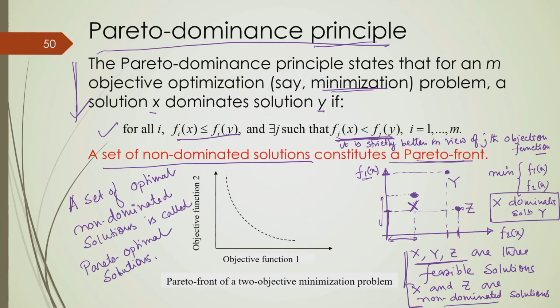Okay. A set of optimal non-dominated solutions is called Pareto optimal solutions. Okay. And in the multi-objective optimization approach, our goal is to obtain this Pareto optimal solution; that one needs to understand.